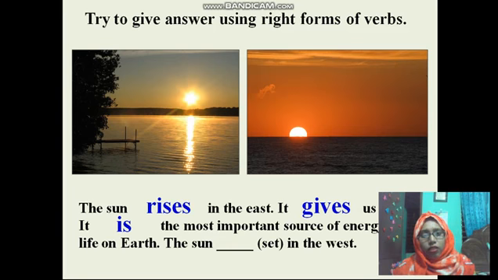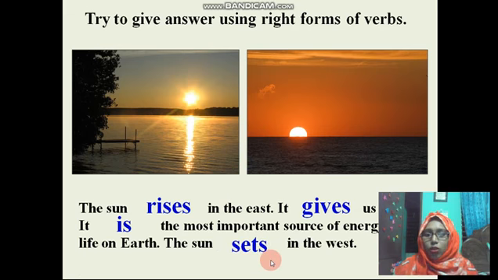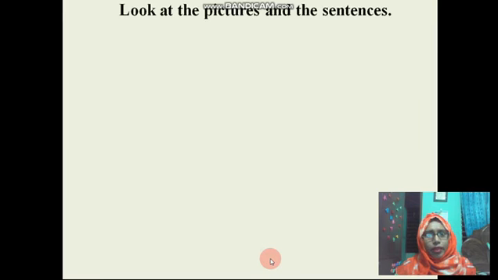My dear students, যদি বাক্যটা চিরন্তন সত্য হয় or universal truth হয়, you have to use present form of verbs, and if the subject is third person singular number, you have to use s or es with the main verb. sets, যেহেতু এটা চিরন্তন সত্য, সেজন্য তোমাকে ভার্বের সাথে s অথবা es যোগ করতে হবে. So the sun sets in the west. Understand?